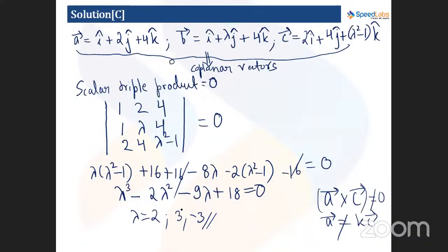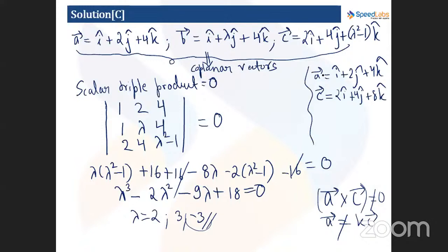Now, if I put 3 here in C, what I get is 2i plus 4j plus (9 minus 1) 8k. So A vector is i cap plus 2j cap plus 4k cap. And C vector, if I put lambda equal to 3 or minus 3, because it is square, it doesn't matter, C will become 2i cap plus 4j cap plus (3 square minus 1) which is 8k cap.